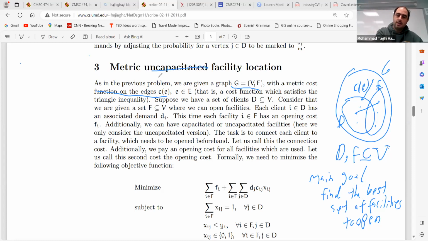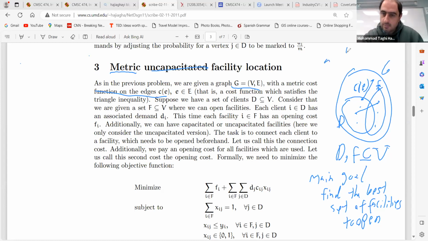That's one thing. And the other one is the metricity. This connection cost, which is very important, is a metric. We have defined the metric: especially this connection cost has the triangle inequality.